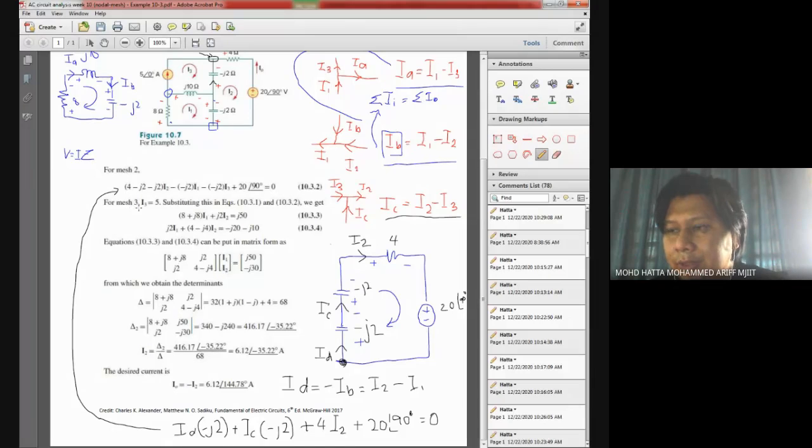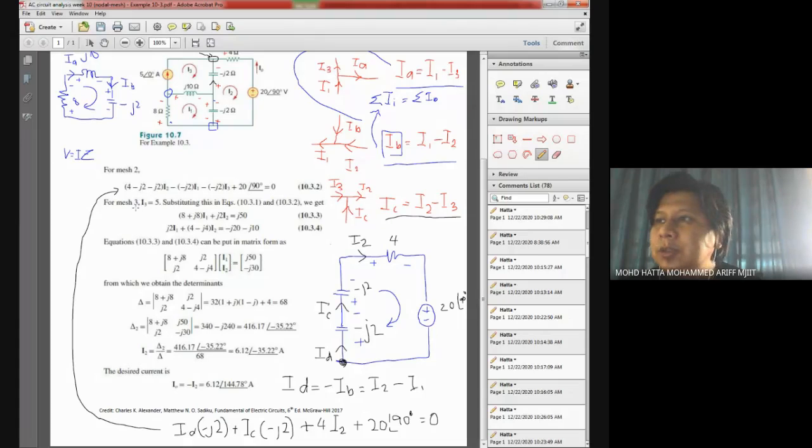Okay, it's not that easy, I know, but you need to start your calculation based on the simple equation. We finish with mesh number 2 and we get into mesh number 3.